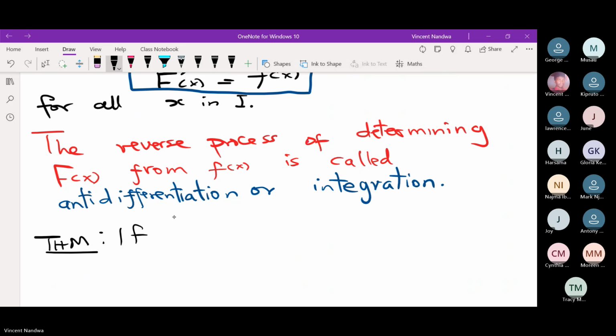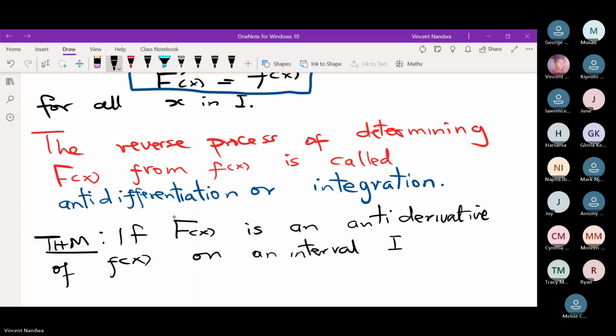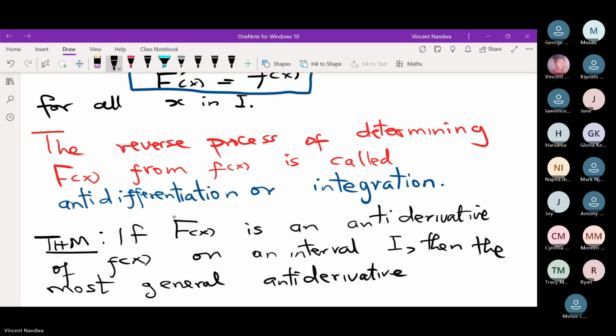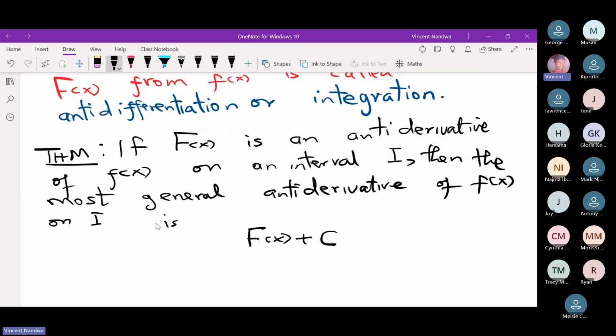If capital F of x is an antiderivative of the function f of x on an interval I, then the most general antiderivative is F of x plus C. This we call the constant of integration.